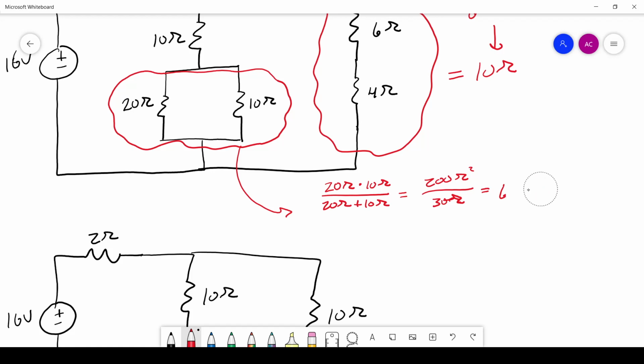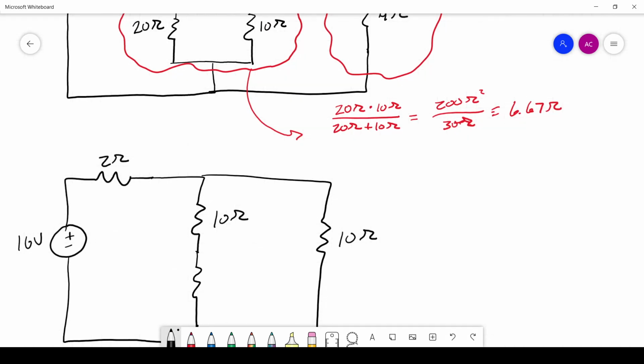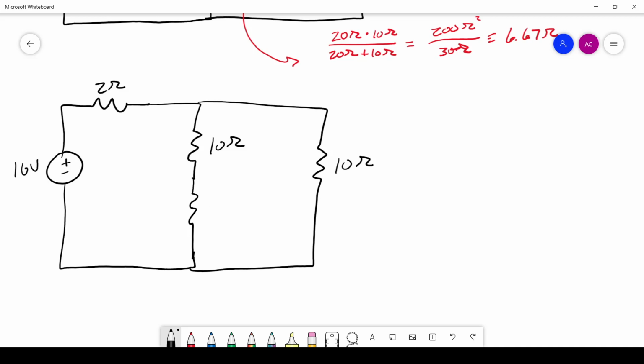Oh gosh, we're not talking about current. 200 divided by 30. That's going to give us 6.67 ohms. See, sometimes they get a little bit hectic. But you just have to make sure you're sanity checking yourself. And you'll make mistakes, but as long as you're sanity checking yourself, you'll make sure you're doing the right thing. So this is a 6.67 ohms.